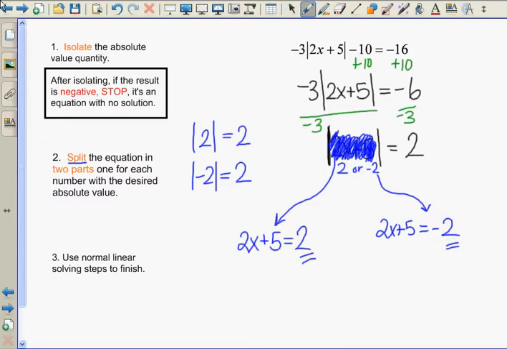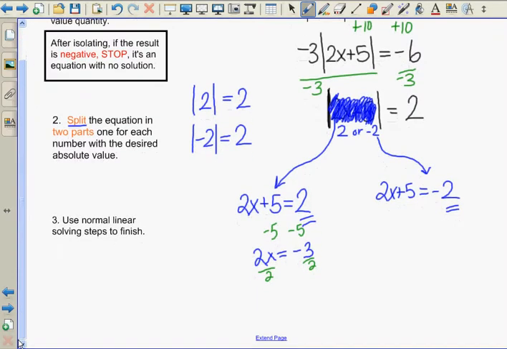And now we just solve like a regular linear equation. On the first equation, we subtract the 5 away, which leaves us with 2x equals -3. Then dividing the 2 away, x is equal to -3/2, which is really the same as -1.5, although math teachers are not really a fan of decimals.